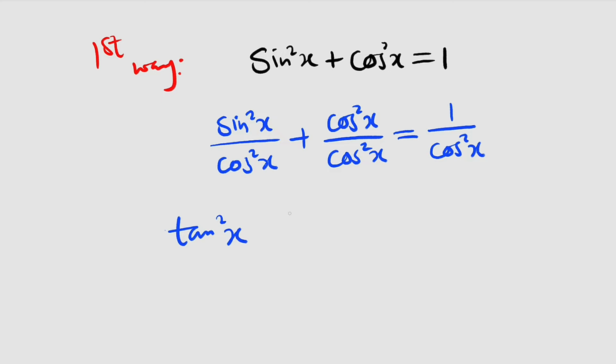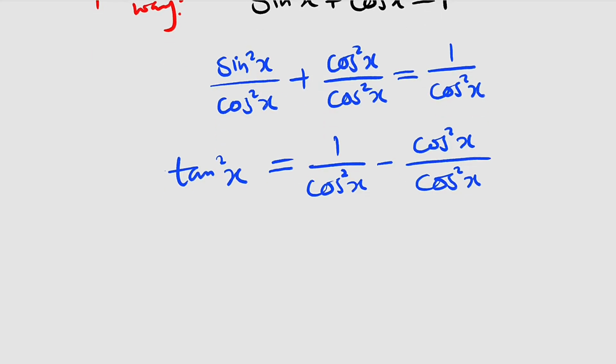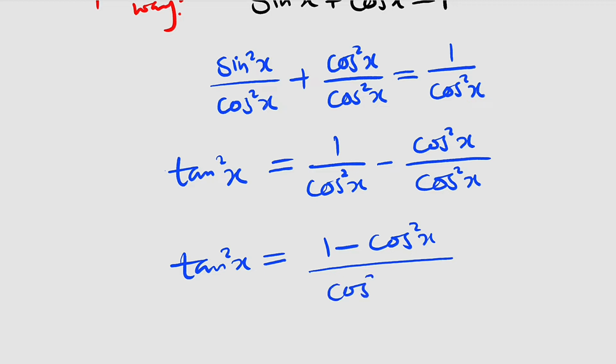So tan squared x will be equal to 1 divided by cosine squared x minus cosine squared x divided by cosine squared x. And since we have common denominators, we can join the numerators together. So tan squared x is equal to 1 minus cosine squared x divided by cosine squared x.